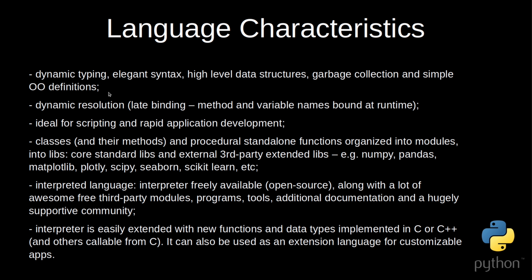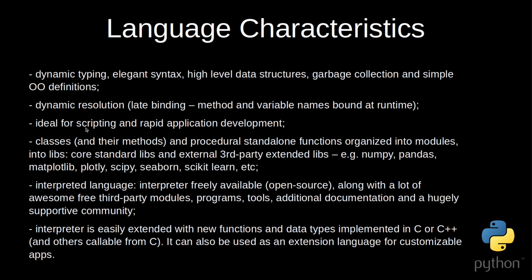But you could, depending on the software you're programming, use object-oriented programming the same way you use it with Java or C++. For Python, it's actually optional. Also, we have dynamic resolution or late binding. The method and variable names are bound at runtime.